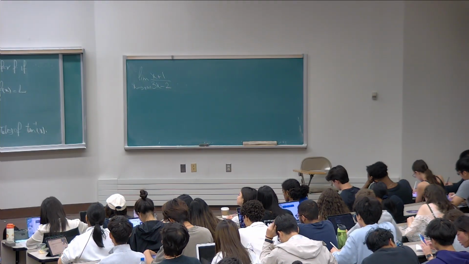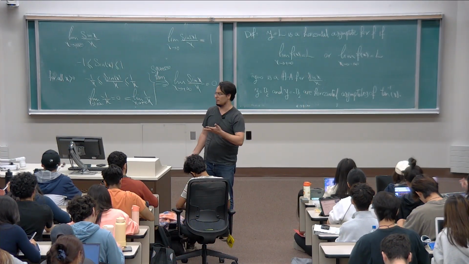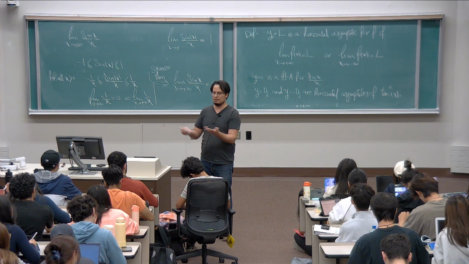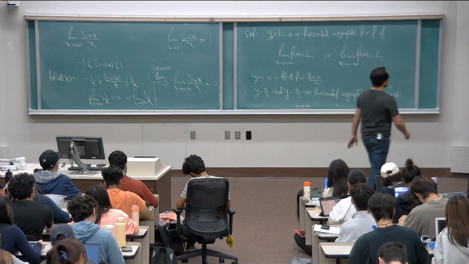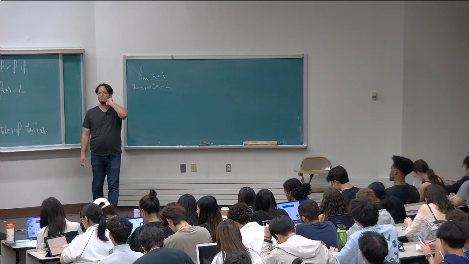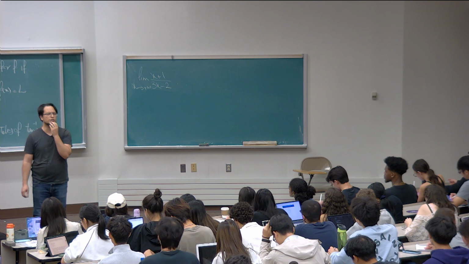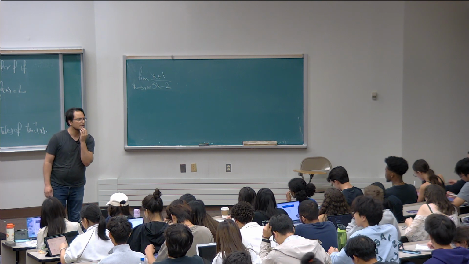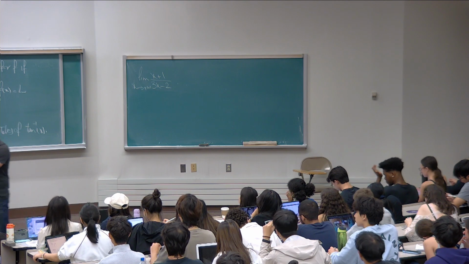The tools, remember that we almost have only two tools here. The rest is basically the same things, yes? Now, I look at this thing, and I see, oh, x plus 1. What happens to x plus 1 as x approaches plus infinity?